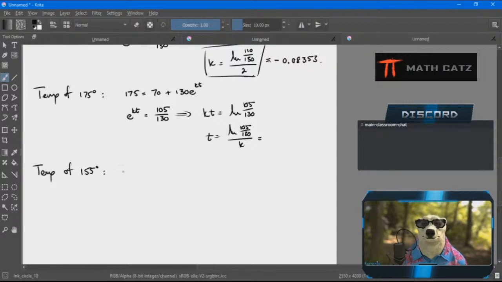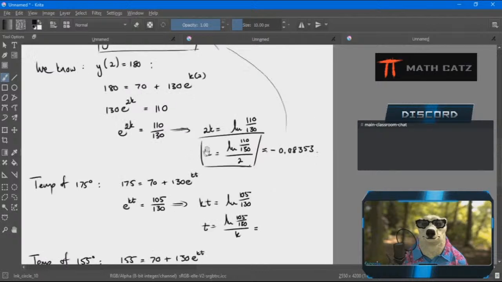So it's going to be exactly the same with a 155 for y, following the same pattern. You can verify that it's going to be the natural log of 85. Didn't we do 85 before?